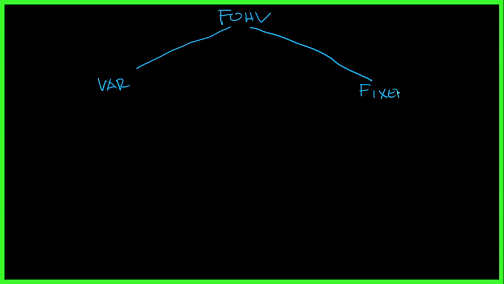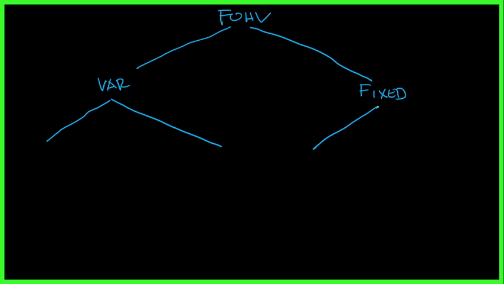Now, another way to understand your variances, especially for your factory overhead. Here, your factory overhead variance. This one is easier. Divide this into two groups. You have your variable variances, and then you have your fixed variances. Your variable variances will then be divided into two.